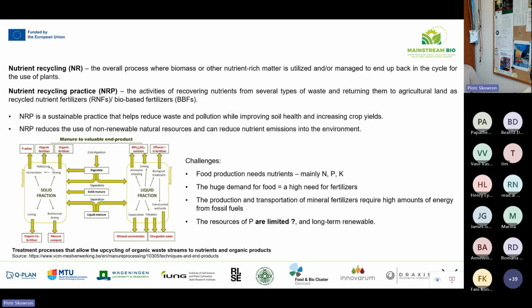Of course, production and transportation of mineral fertilizers require a high amount of energy and fossil fuels, and nutrient recycling could be an answer to decrease this energy and fossil fuel use in agriculture. And of course we have some limits in our resources. For example, phosphorus is limited and very slowly renewable.